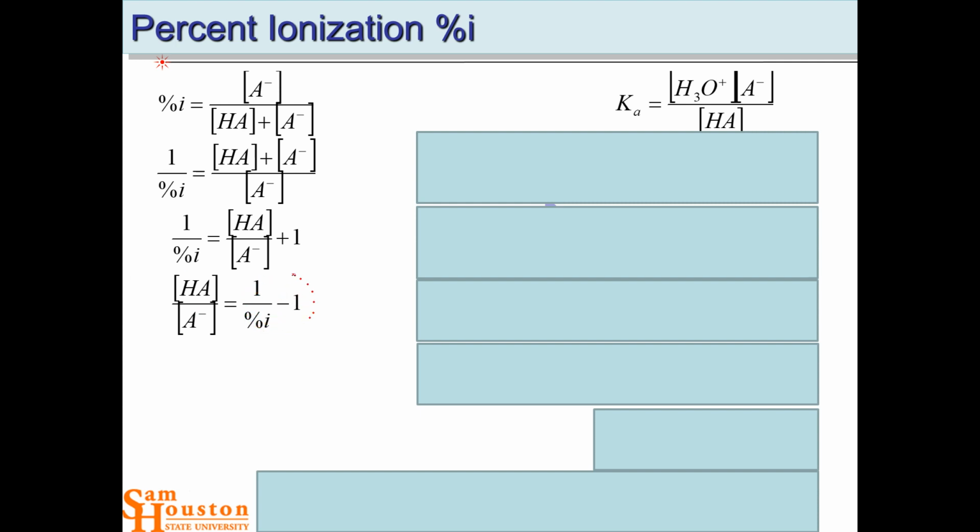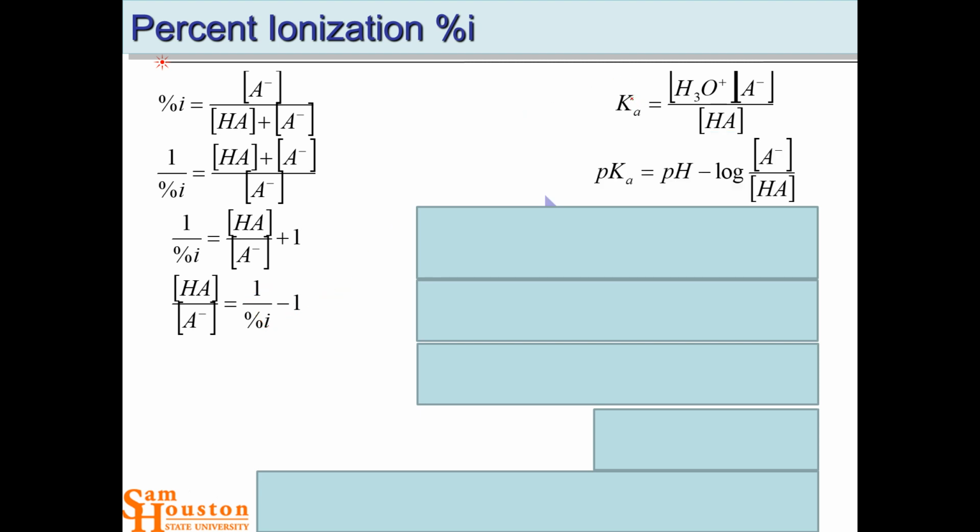So now I can use this little piece, this fun little piece, in my Ka expression. So I take the minus log of Ka, and I get pKa. The minus log of hydronium ion concentration is pH. And then the minus log of this ratio, I'm just going to leave as minus log. So I have minus log A minus over HA. And I've got this over here.